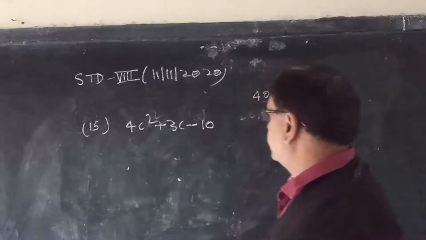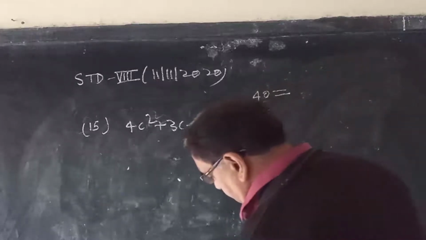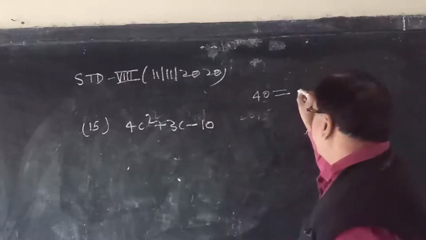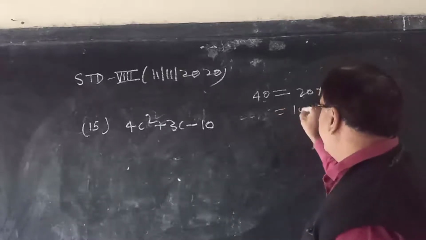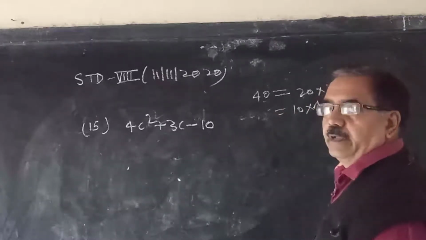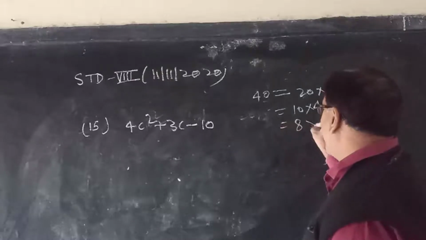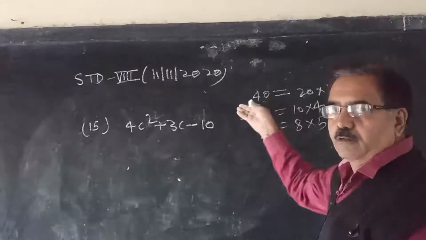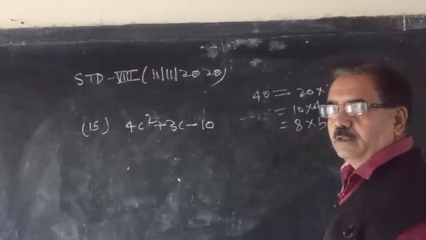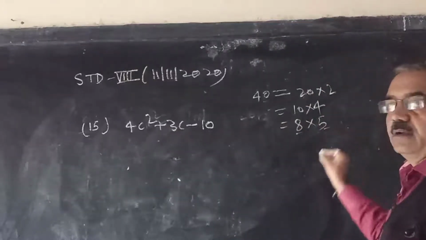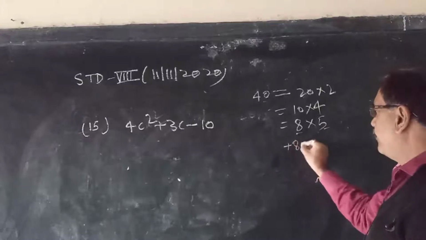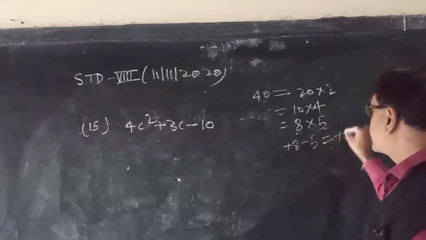So 40 is 20 into 2, 10 into 4, 8 into 5. These are all the products of 40. But we want plus 3. So which product will we take? This one. Plus 8 minus 5 becomes plus 3.